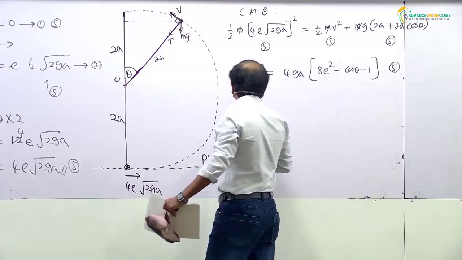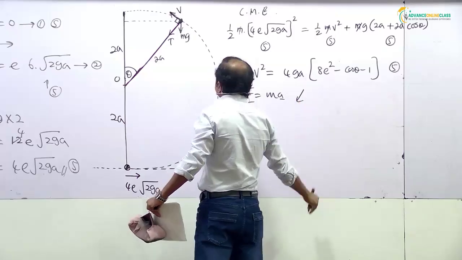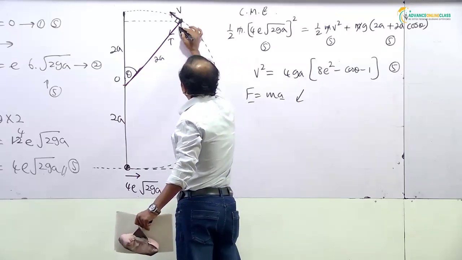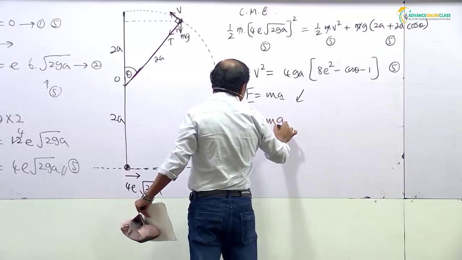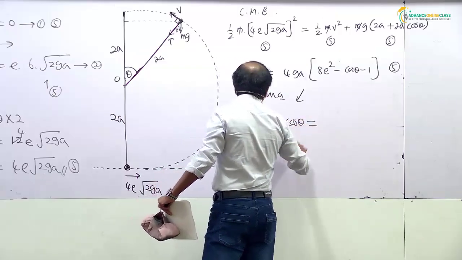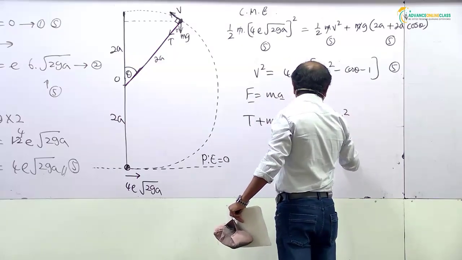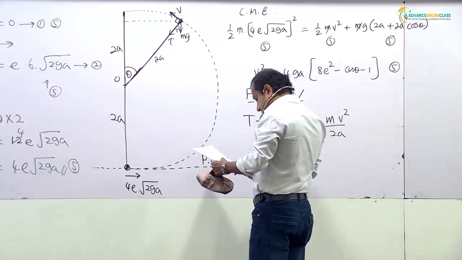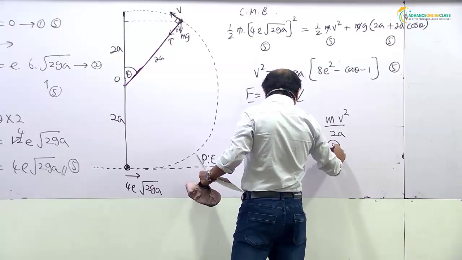Now we apply F equals ma towards the center. T plus mg cos theta is equal to m V squared over 2a. Here 5 marks.